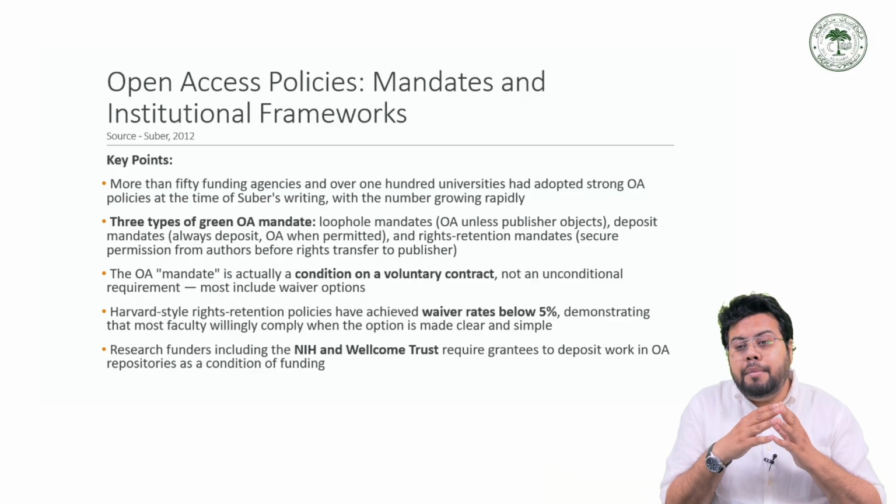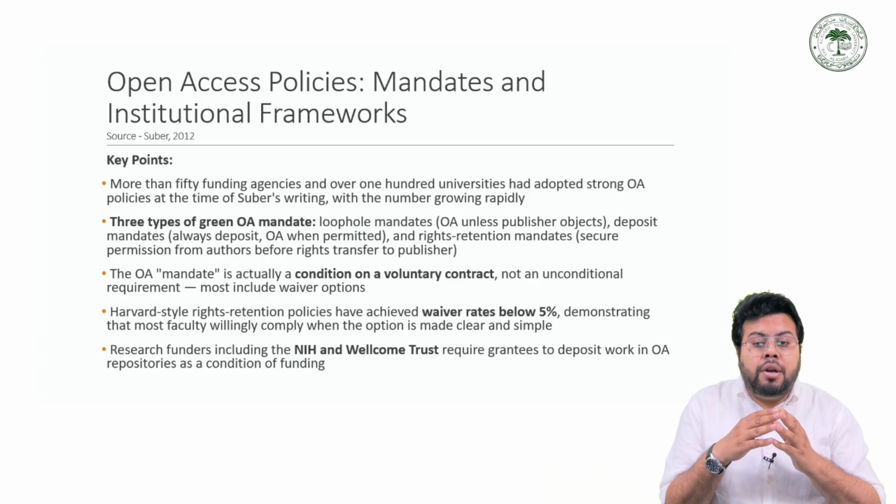Faculty voted unanimously to give the university permission to make their future work open access, with the option to opt out for any individual publication. That waiver rate is under 5%, meaning more than 95% of the work covered by the policy becomes open access.